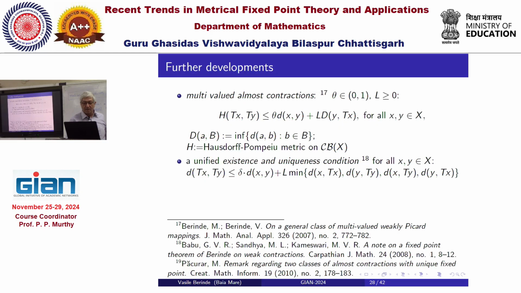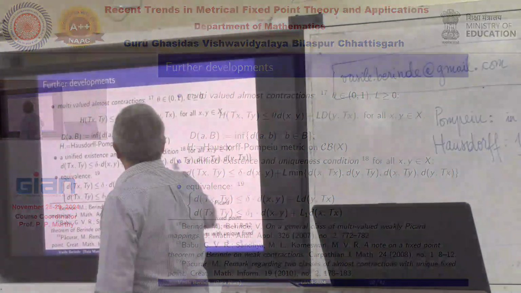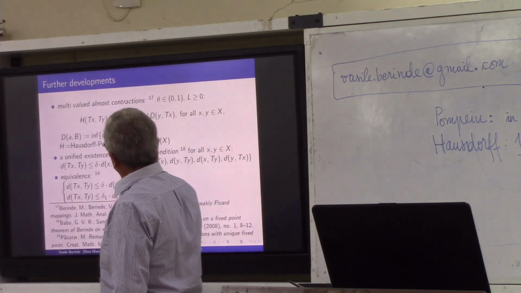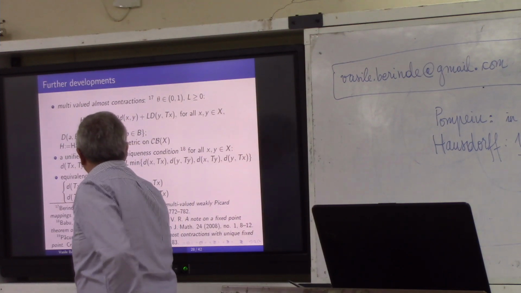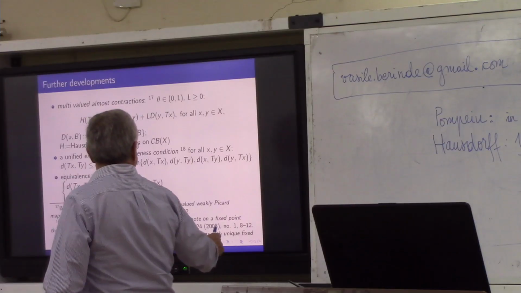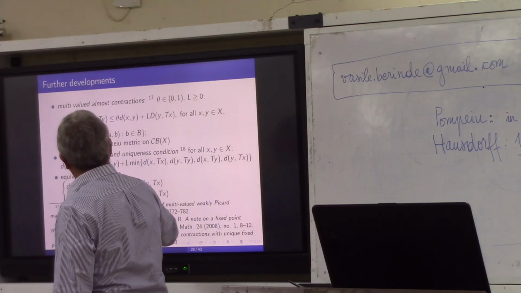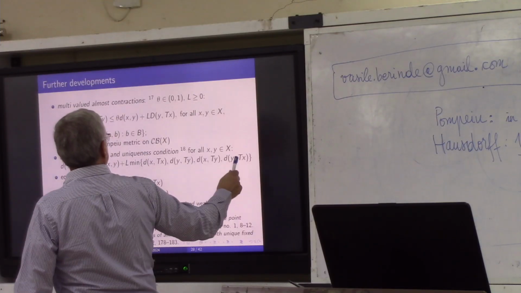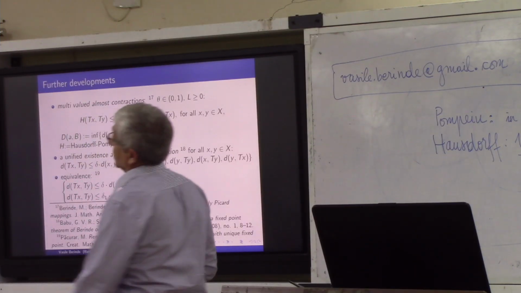So such a mapping in the single-valued case includes both existence and uniqueness by including these four distances. And Madalina Păcurar in this paper, this is in 2008, and in 2010 she showed that this condition is equivalent to the existence and uniqueness condition together.